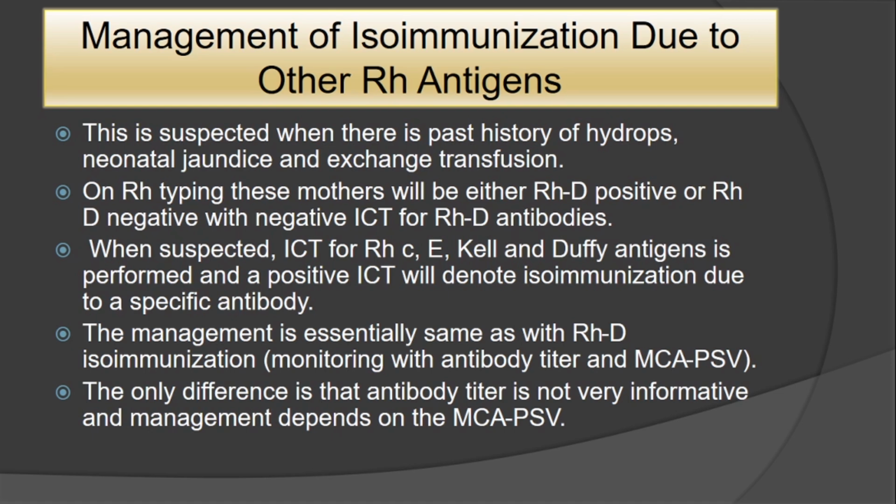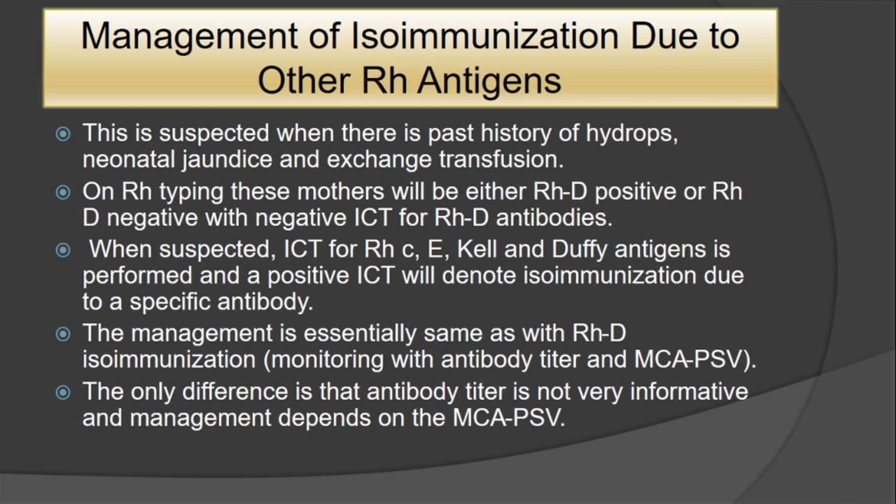The rhesus antigens, some of them I've mentioned before, the capital letter C, small letter c, E. You also have the Kell and the Duffy antigens. All these are also other atypical antigens that may be found on the surface of the red blood cell. And these should also be managed. Essentially, the management of these other rhesus antigens is the same.